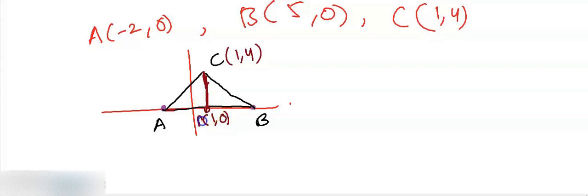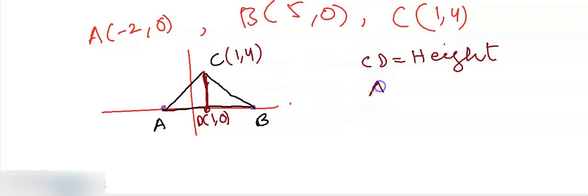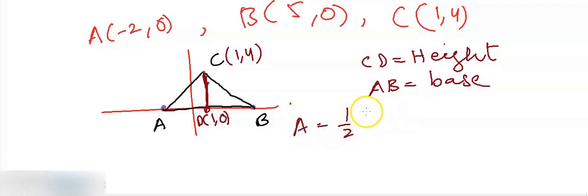So let's call this point D. Now CD becomes my height, and my AB becomes base. So you can use the formula, area equal to 1 upon 2, base is AB. AB is calculated by distance between two points formula, and CD is also calculated by distance between 2 points formula.